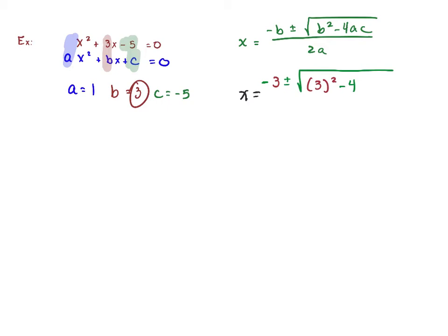And I think it's also important to put parentheses when you plug in a. So a is a 1, substitute a, I should say. And when you substitute in c, like so. So this is my b, that's squared, minus 4 times a, which is 1, times c, which is negative 5, and that is all over 2 times a. And again, a is a 1.